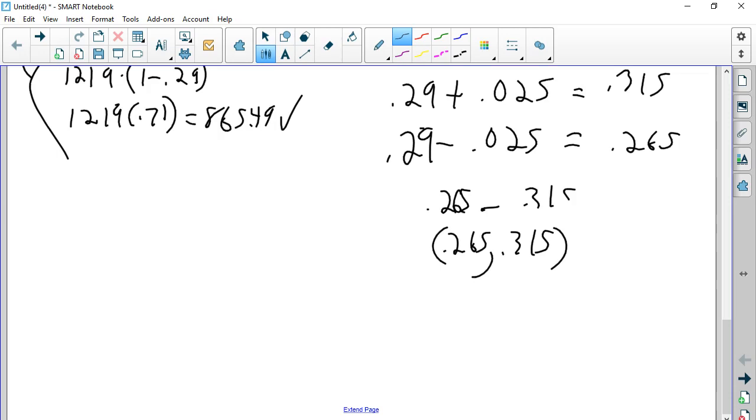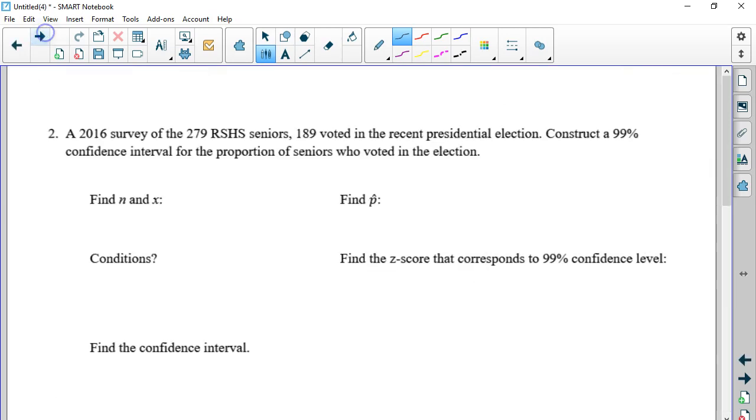Okay, let's do one more, and we should be good to go. Because again, this is just repetition of what we did yesterday, just with a new term. So, the 2016 survey, this is a distractor number. Of the 279, that's our n, 189 voted. We're also going to be looking at a 99% confidence interval. And remember, the associated z-score with that is 2.58.